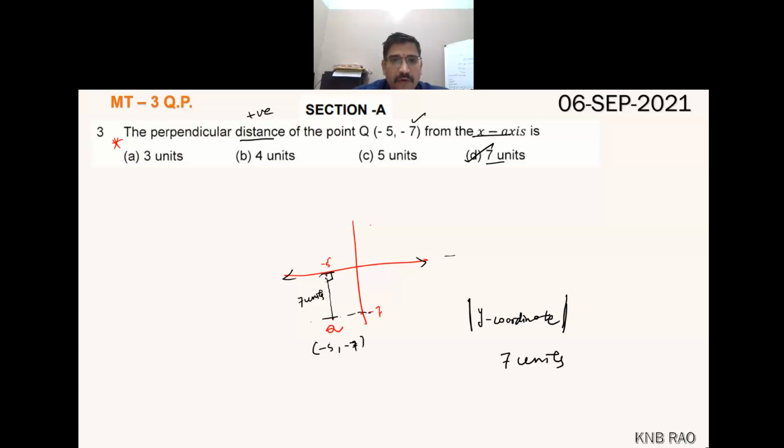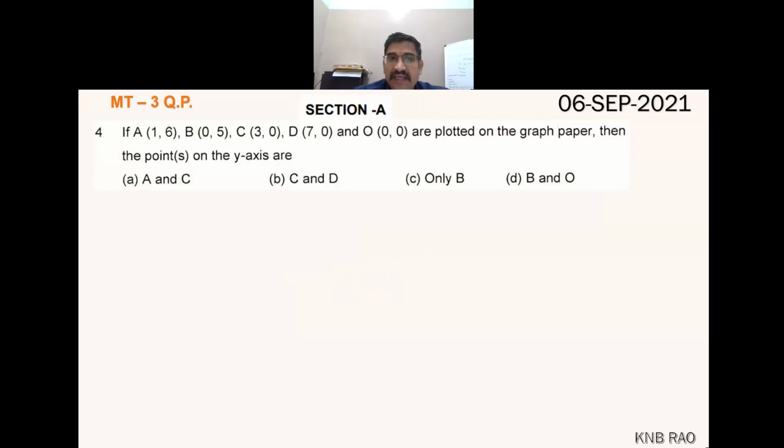Now, let's move on to question number 4. These points are given, and amongst these A, B, C, D, E, and O, thinking that they are plotted on the graph, you need to find the points lying on the y-axis.